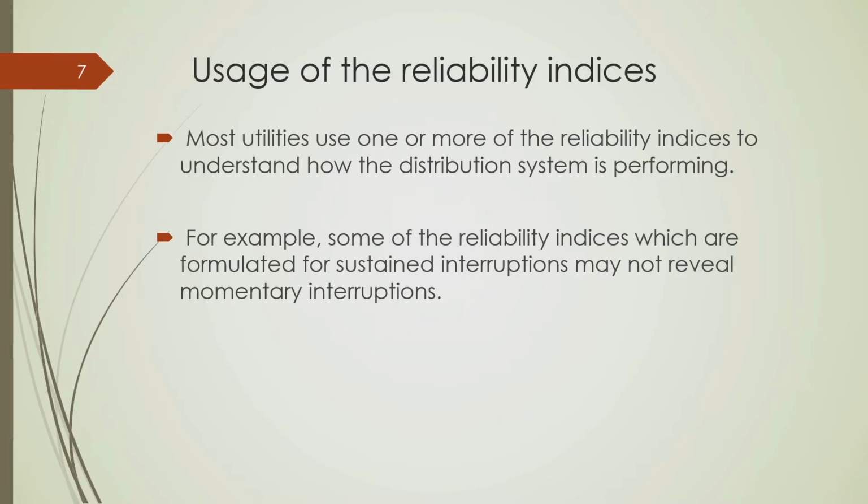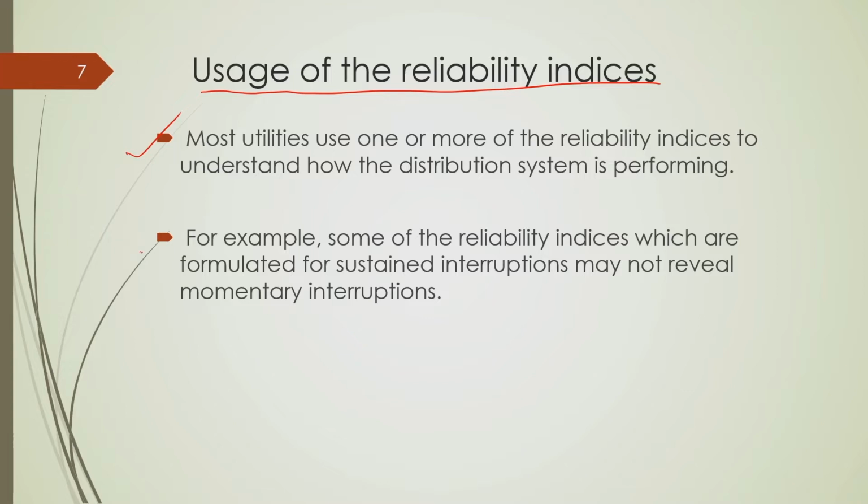Before that, we should know what the usage of those reliability indices is. Most of the utilities use one or more reliability indices to understand how the distribution network is performing. These indices are used by almost every electric utility to assess the performance of their network.